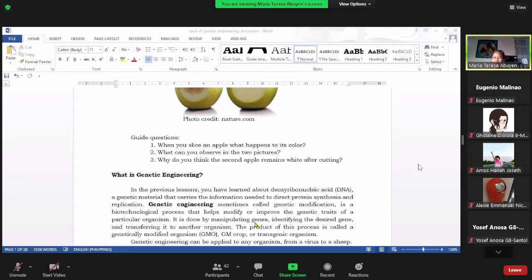Then identify the desired gene. Then transfer the desired gene into the cell of another organism, or into the DNA of another organism.